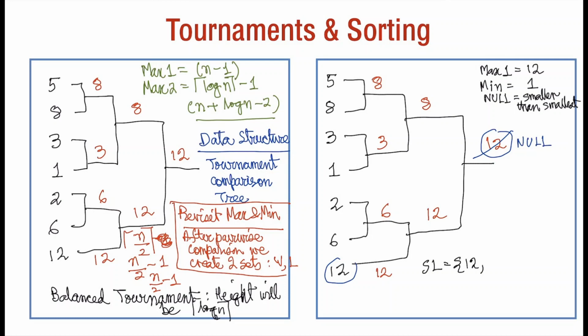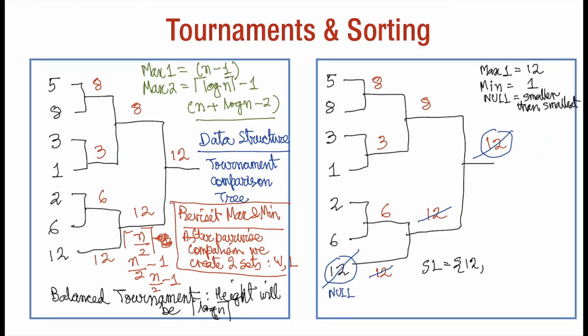How to identify the max element? We can go along this path from the max element, and we move back along the path of the max element and we replace it by null. We don't do it here, we just do it here.